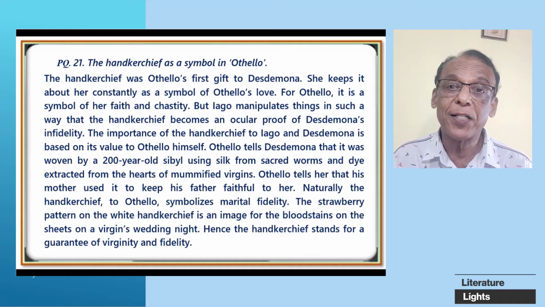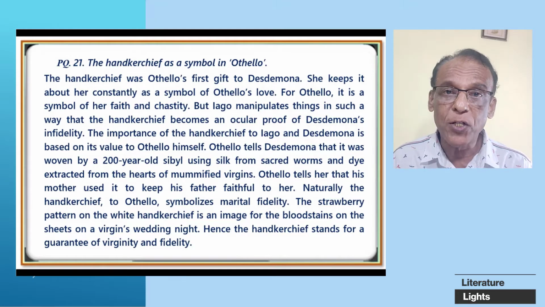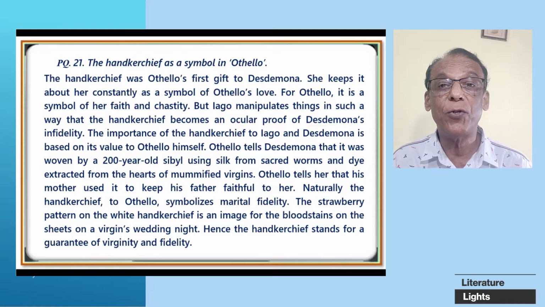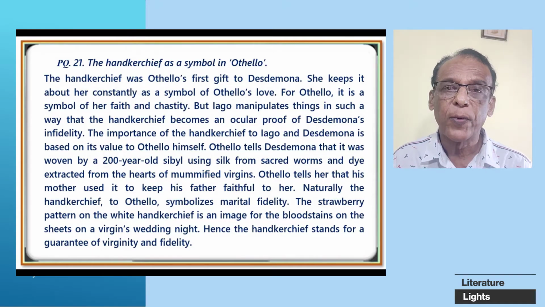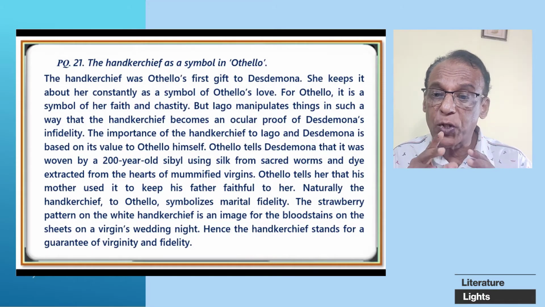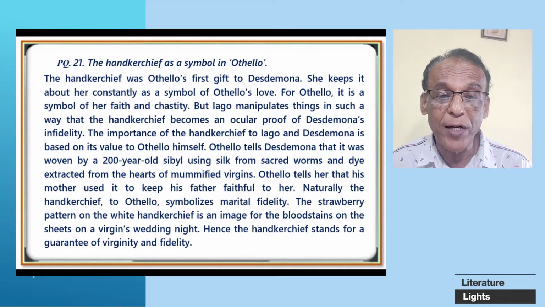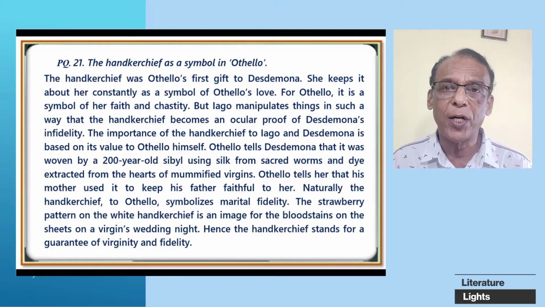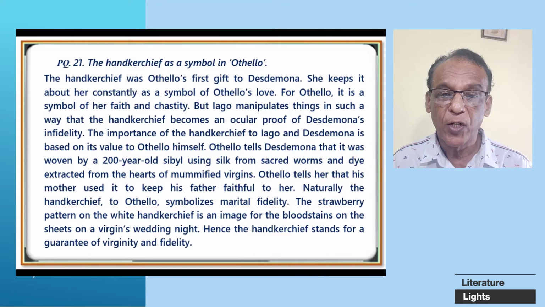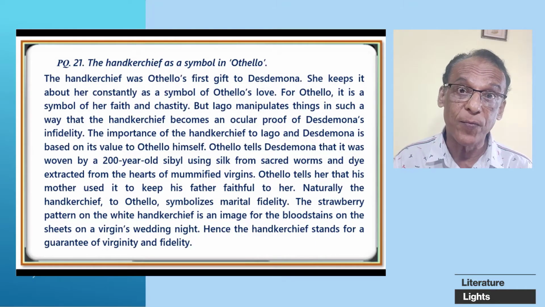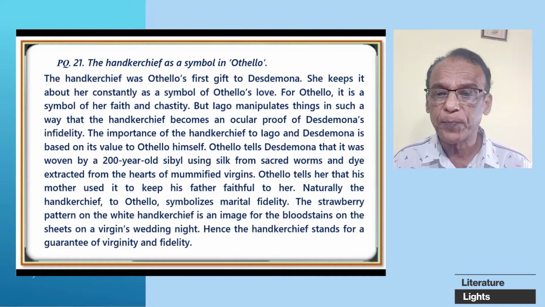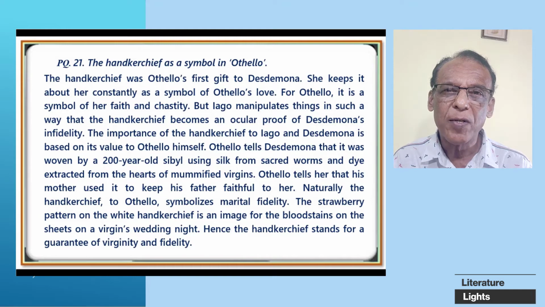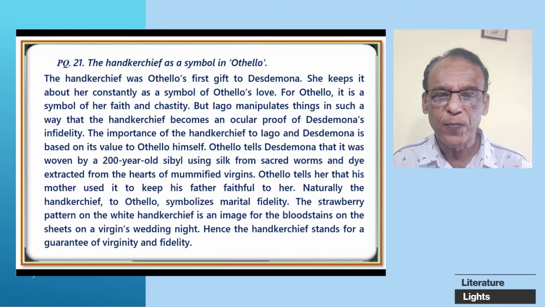The importance of the handkerchief to Iago and Desdemona is based on its value to Othello himself. Othello tells Desdemona that the handkerchief was woven by a 200-year-old Sibyl, a 200-year-old holy woman, using silk from sacred worms, maybe worms from heaven, and dye, the color, extracted from the hearts of mummified virgins.